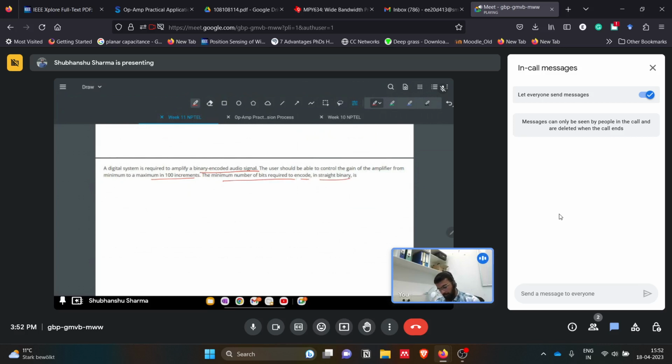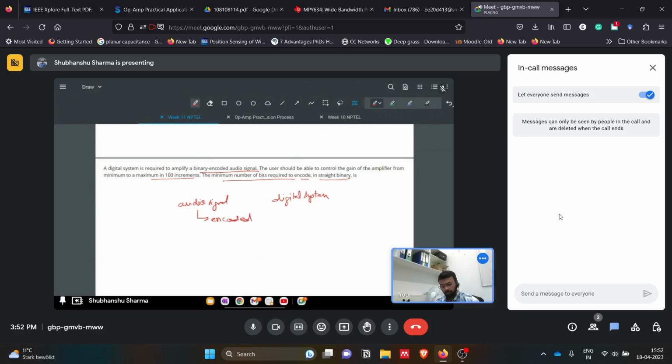So here basically there is an audio signal, and there is a digital system also. This audio signal is being encoded, that is, it is formed into a digital signal.